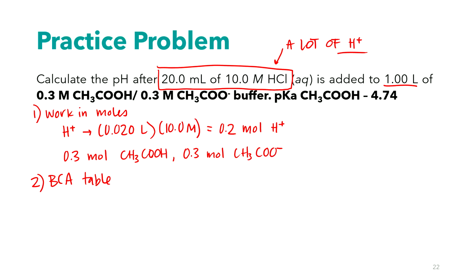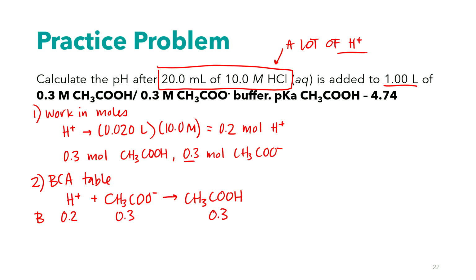When I put in that H+, the reaction that happens is we convert our CH3COO minus to CH3COOH. So before, I have 0.2 moles, 0.3, and 0.3. I'm just pulling those values from up here. For my change, I decide based on what the limiting reactant is. I have the least amount of H+, so my 0.2 is my limiting reactant. I'm going to subtract 0.2 from each of my reactants.